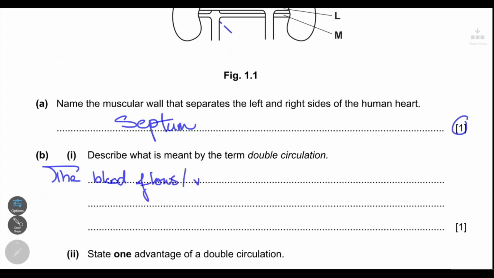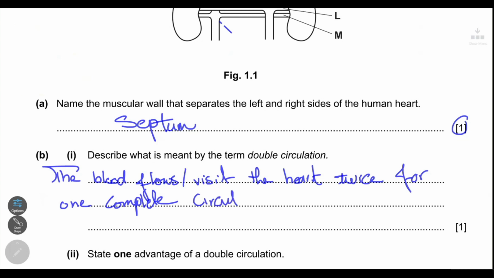We can say the blood visits the heart twice for one complete circuit. This is the definition of the double circulation.